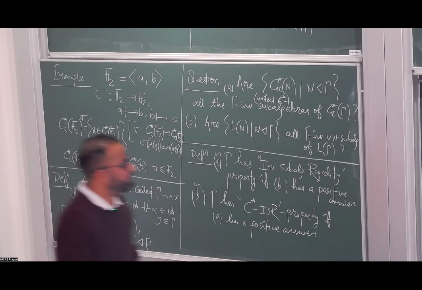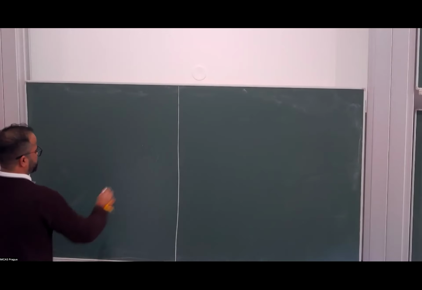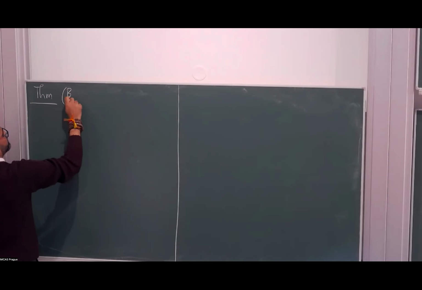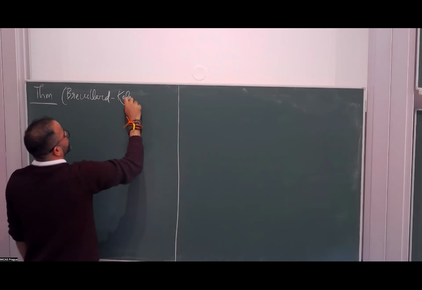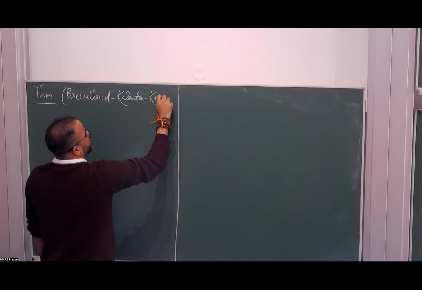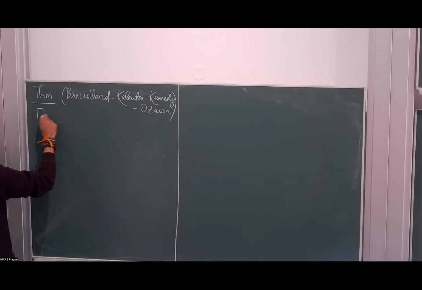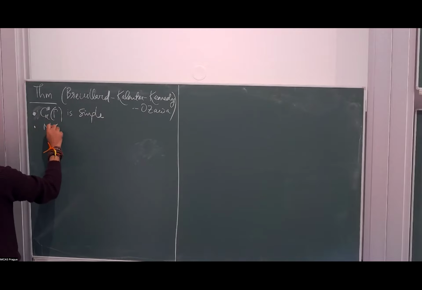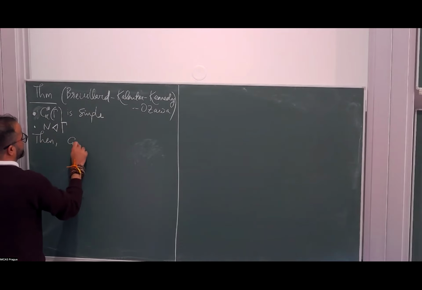But why am I asking for relativity? As Aaron said, here is an important result of Breuillard, Kalantar, Kennedy and Ozawa: if gamma is a C-star simple group, so assume that C_r star of gamma is simple, and N is a normal subgroup of my group gamma, then C_r star of N is also simple.